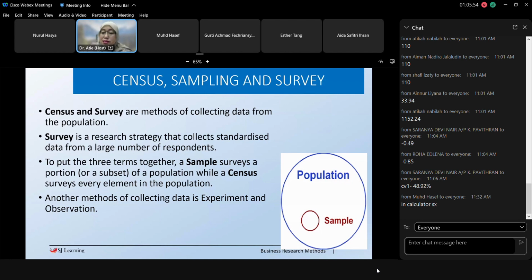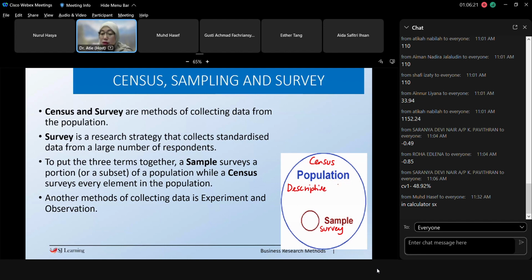Census is actually for the population. When you do a study on the population, we call it census. But when you do a study on the sample, which is a part of your population, we call it survey. The statistics we use for a population are descriptive statistics.